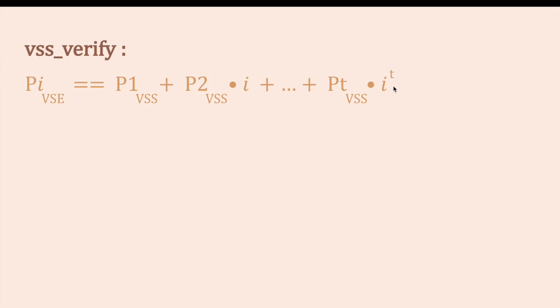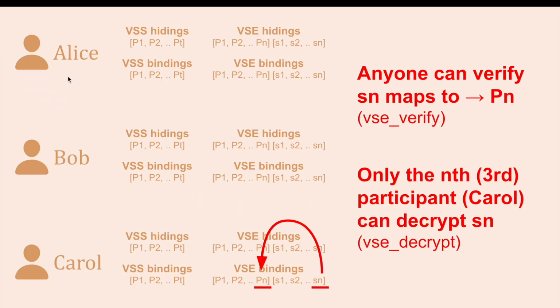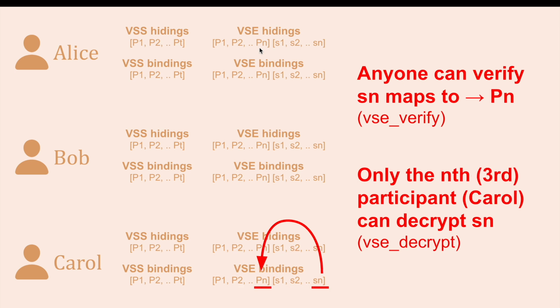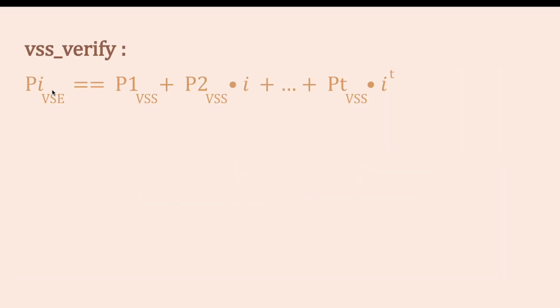Effectively, we are evaluating the polynomial in a public manner to verify the authenticity of point E, and the point E is from the VSC, right? So we are verifying VSC points from here, one by one, P1, P2, Pn, the VSC point PE against the VSS points.